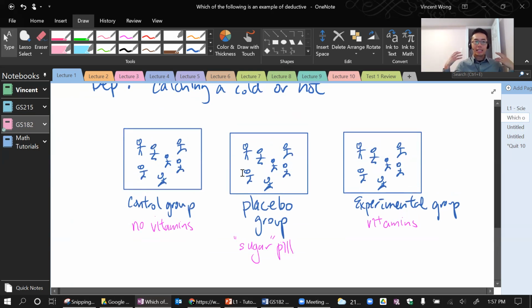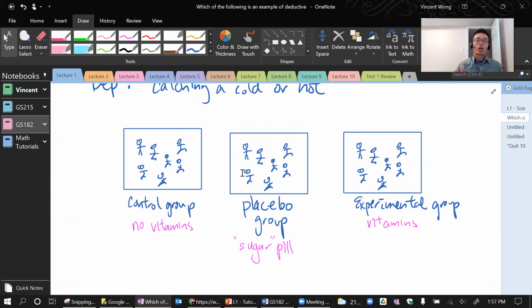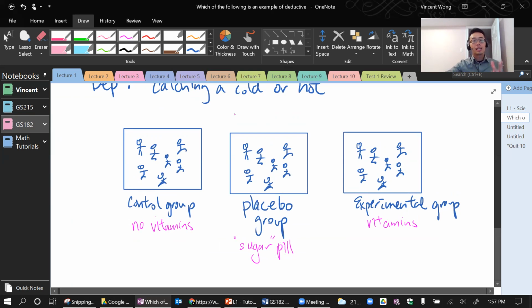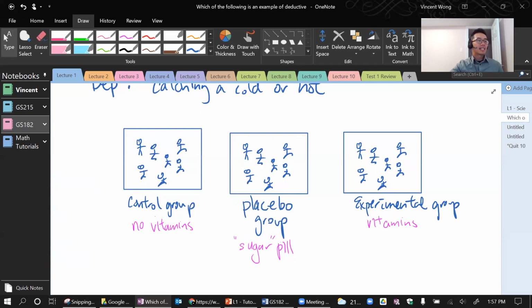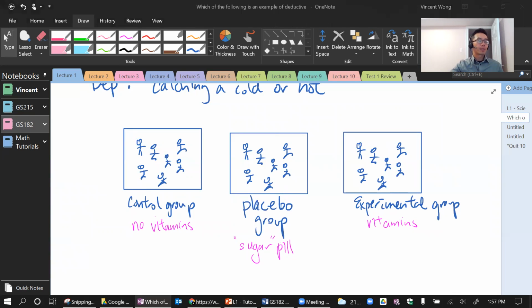We cannot have identical humans; they don't exist. We cannot just clone everybody. So we try to keep them as consistent as possible across all 3 groups. These things that we're trying to keep consistent, we call them standardized variables. Okay, so I want you to help me out here in the chat box.